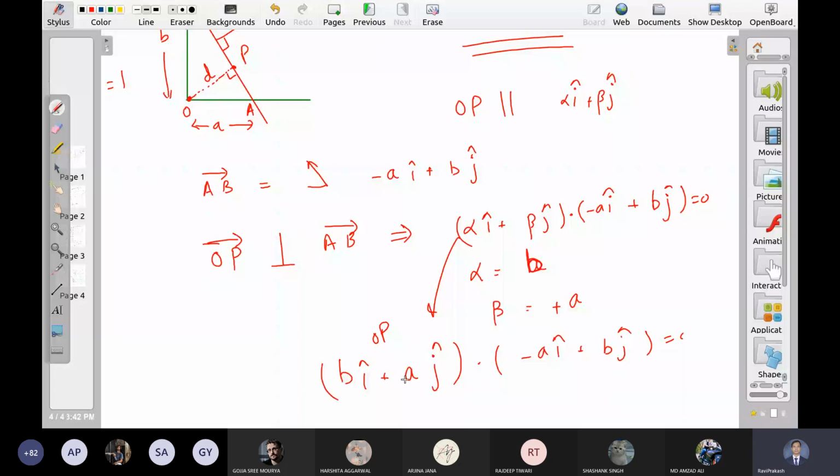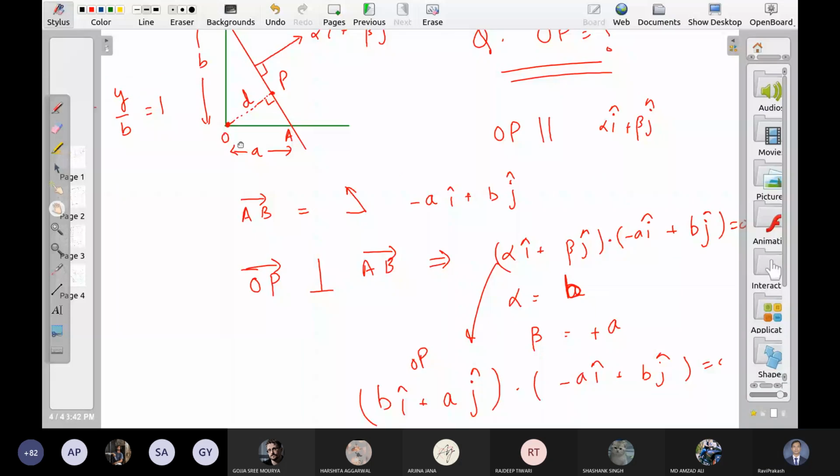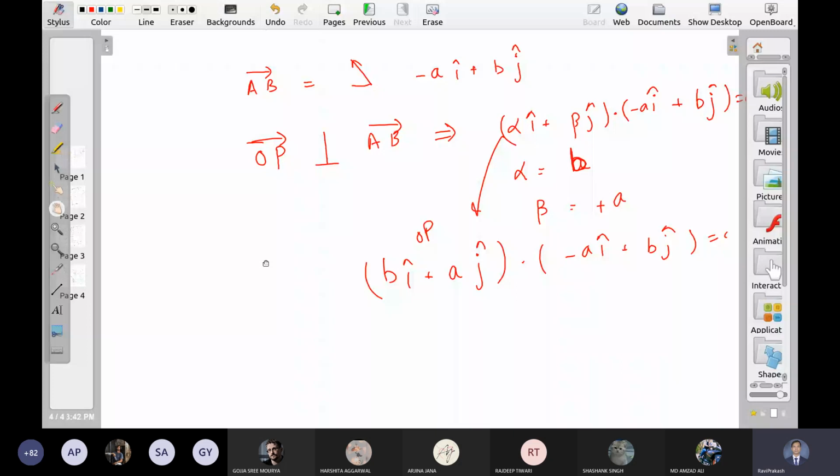What is the unit vector along OP? So OP unit vector is B i cap plus A j cap divided by its length. What is the actual length of OP?